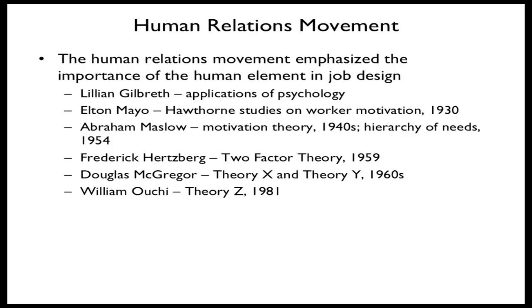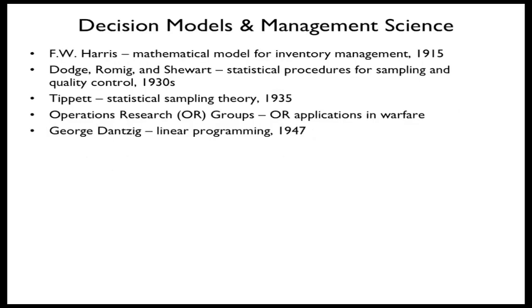Maslow's, you may have heard about motivation theory, his hierarchy of needs. And then the two-factor theory, and then Theory X, Theory Y, and then in 1981 you had Theory Z. Now you have decision models and management science. So this is where you start really modeling mathematics. So Harris in 1915 had a mathematical model for inventory management.